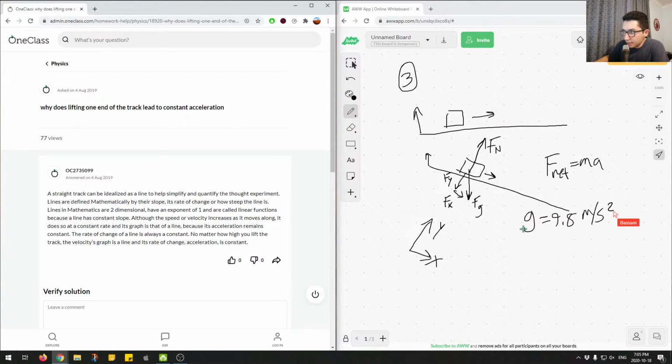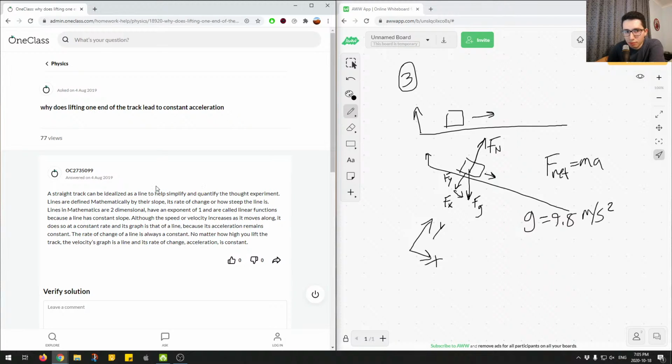Since this value is constant regardless of the situation, we know that the force of gravity on the object will be the same, and thus Fx causes this object to move with constant acceleration due to the constant acceleration of gravity acting on it.